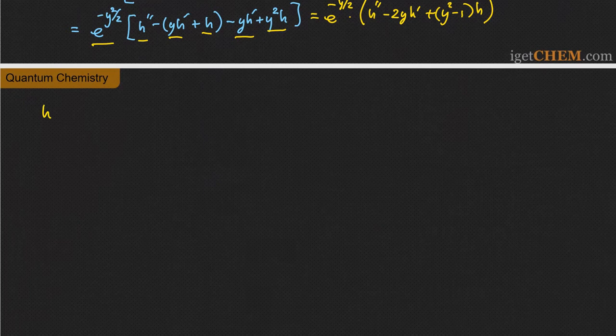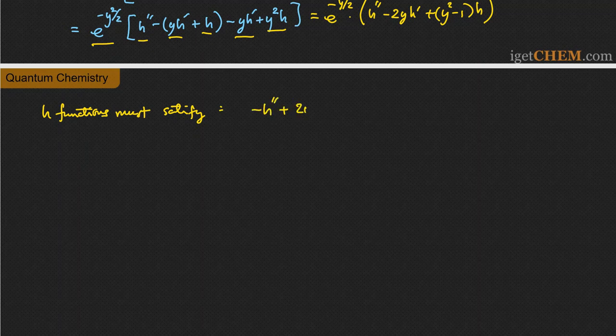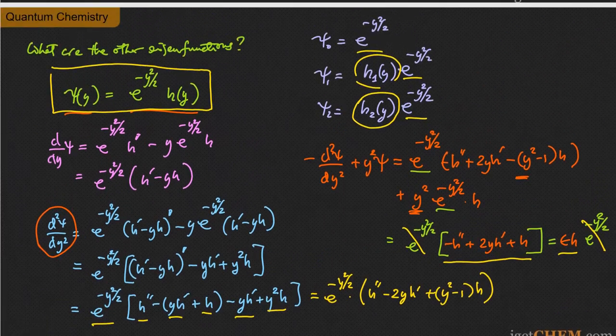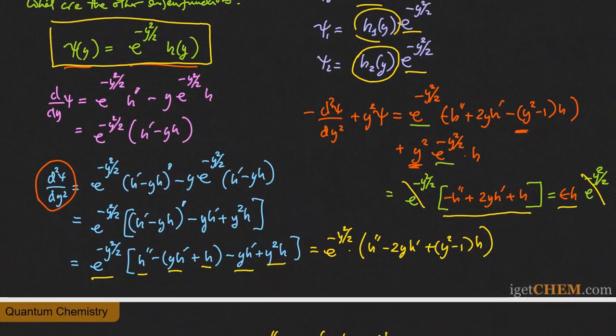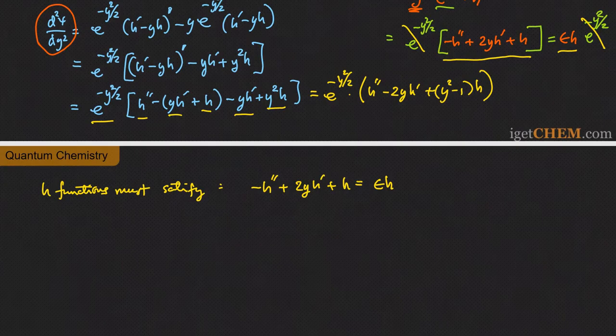The H functions must satisfy this new equation: minus H double prime plus 2y H prime plus H must be equal to epsilon H. So if we want to find all the other eigenfunctions, all we need to do is find the H functions that satisfy this equation.